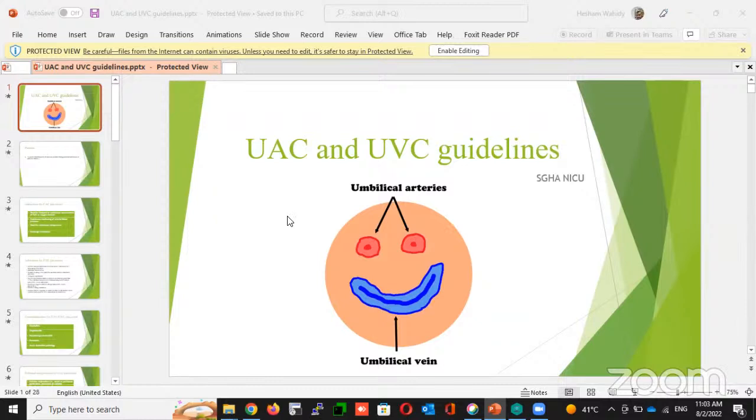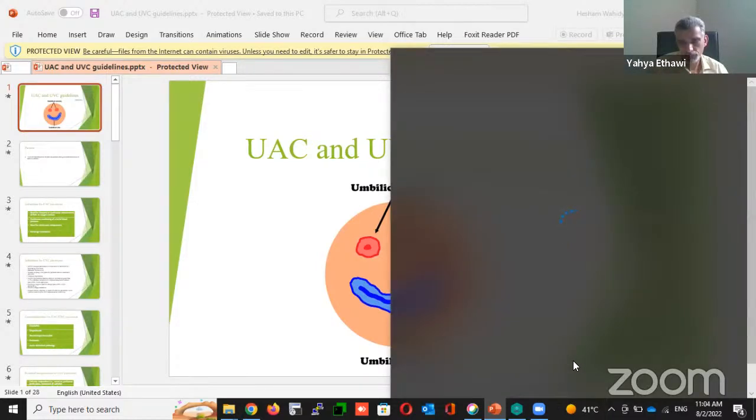As we know, umbilical cord. Marwa, just press on presentation. So make it your PowerPoint presentation. Down, beside the sound bar, more to the right. There is an icon, you press on it.